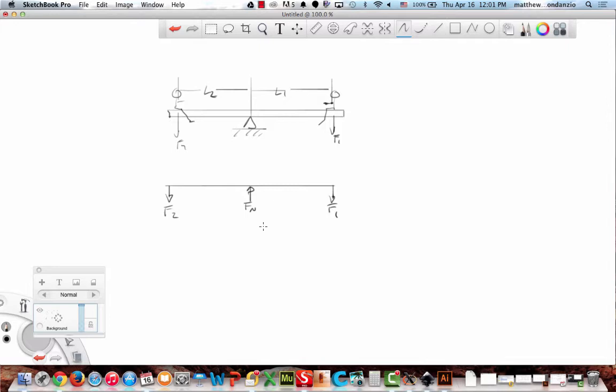Does that make sense? Okay. So let's say F1 equals 10 newtons, F2 equals 10 newtons, and let's say L1 equals 5 meters and L2 equals 5 meters. Okay?